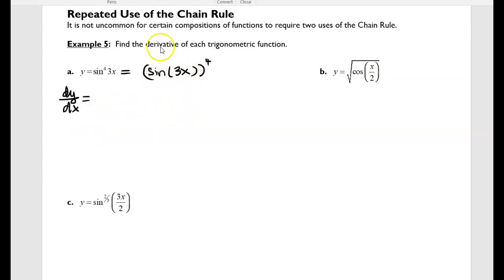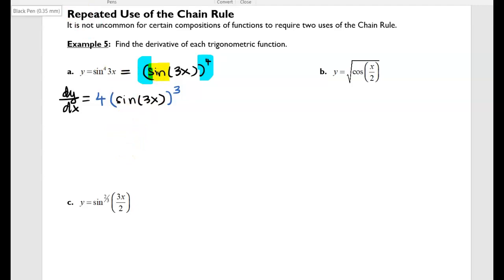So I'm first going to look at the something to the 4th. So the derivative of that would be 4 something to the 3rd. It's just that that something is still the sine of 3x. So I leave that part the same. Then I'm going to go to the next part. The sine is my next layer.